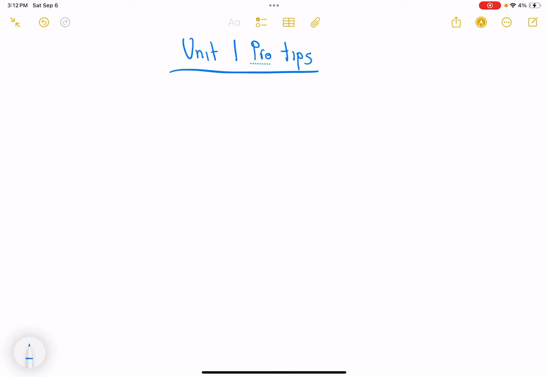Here are my tips. Tip number 1 for you is to remember that if you ever see something phrased as "blank standard deviations away from the mean," you should know for sure that we're talking about a z-score.